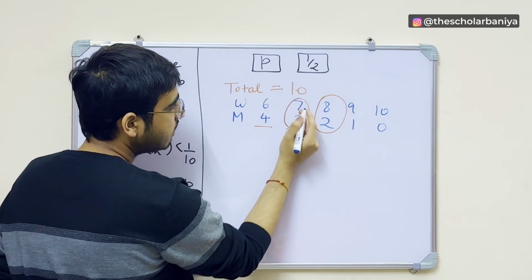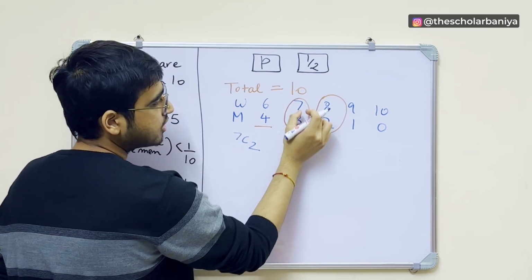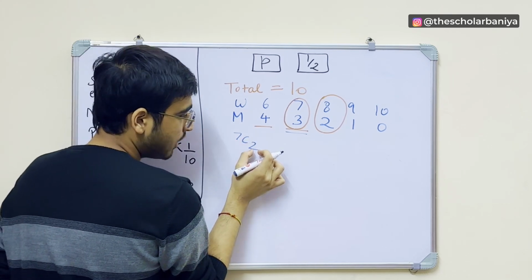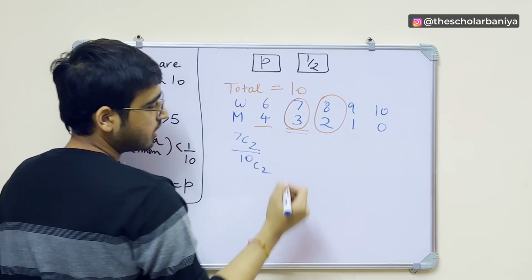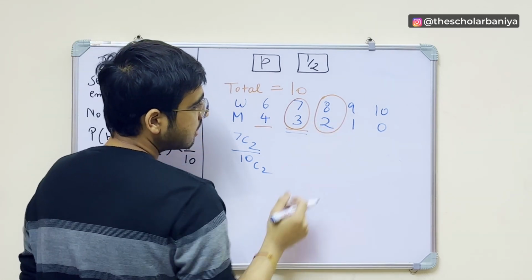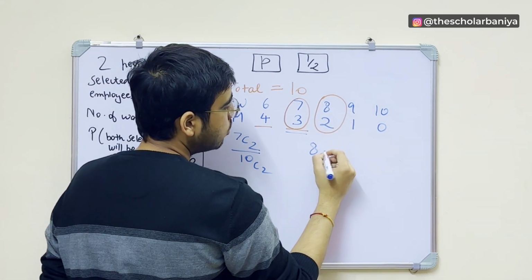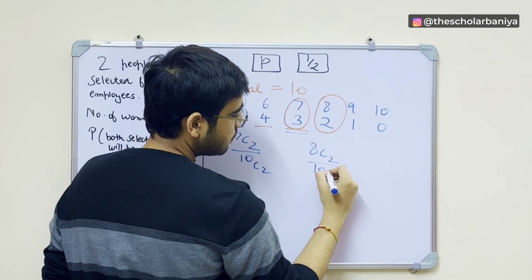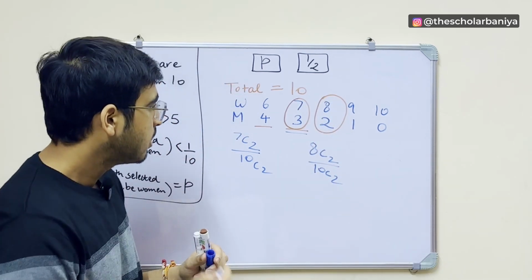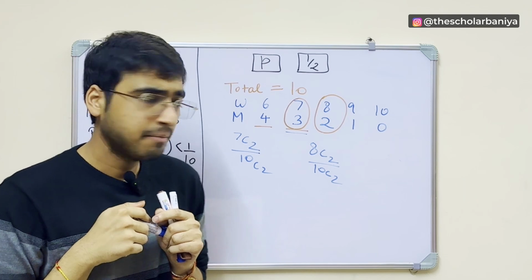The probability will be 7C2 because there are 7 women and we have to select 2, upon total people are 10, so 10C2. And if I talk about this case, there are 8 women, we have to select 2. So 8C2 upon, there are total 10 people, so 10C2. Right, I hope this should be pretty fine.